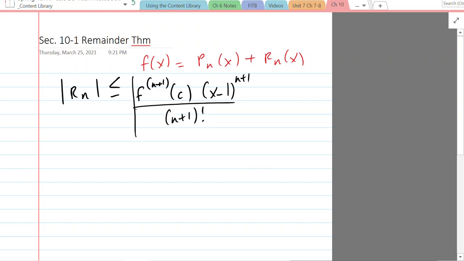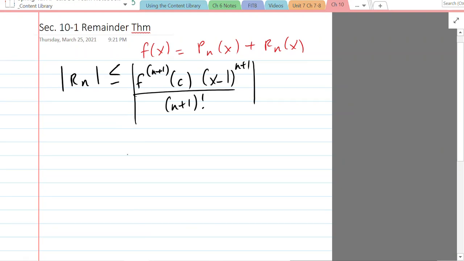Take the absolute value of that, and in this case c is somewhere between x and a. And if I write this right, this is a right here. This is a. I'm doing a specific example.